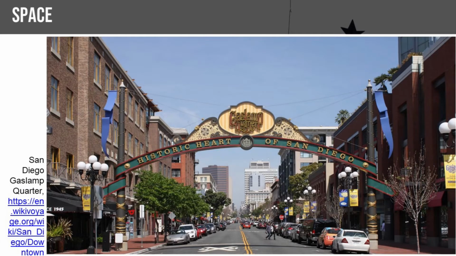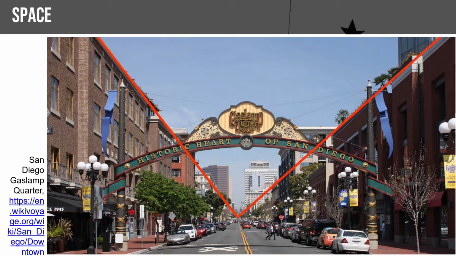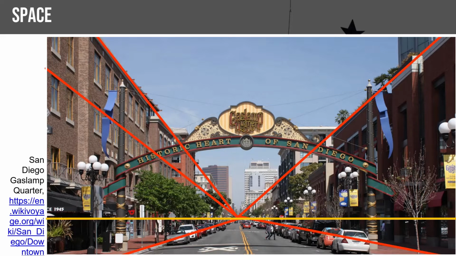You can see that closer buildings are larger, while farther ones appear much smaller. If we were to trace straight lines along the roofs of buildings in this photograph, those lines would meet at the vanishing point. We can't see the horizon, but we can see where it would be based on the vanishing point, so I've put it in too.